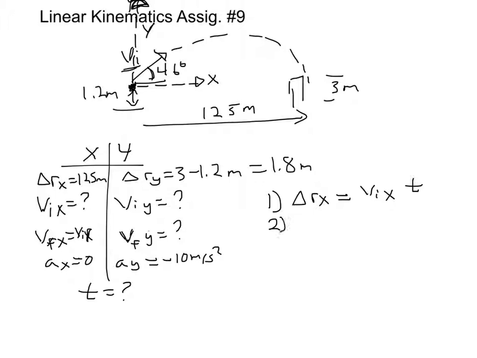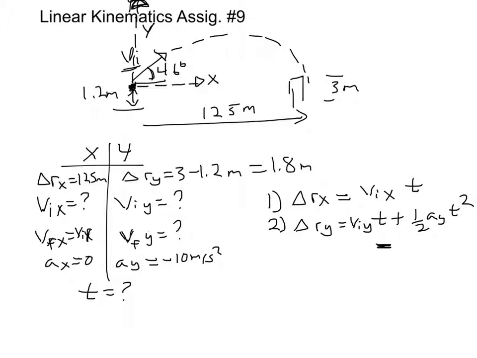And we also know that the change in vertical displacement is equal to the initial velocity in the y direction times time plus 1/2 the acceleration in y times t squared. We can see right away that we will need more information to solve this problem. We don't know the time that has elapsed, and we don't know the vertical and horizontal velocities still.